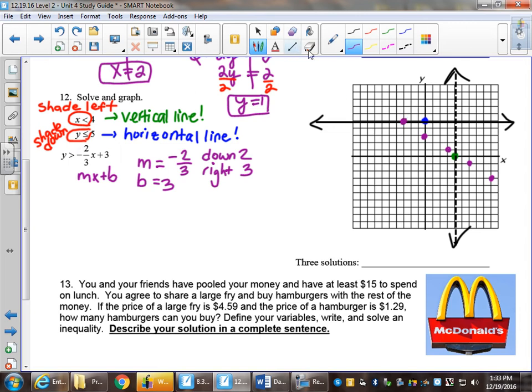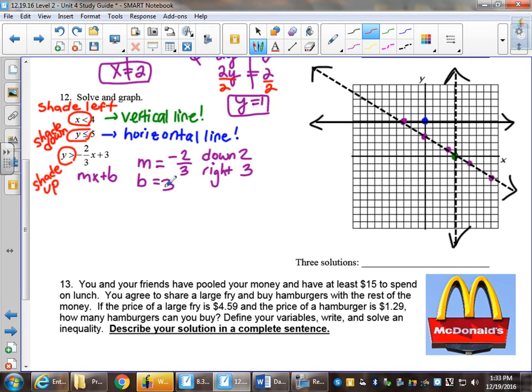From the inequality sign, I know that this will be a dashed line. Make sure it's nice and straight. Use your straight edge. What's nice is that a third time in a row, this is already solved. This says y is greater than. Greater than means shade up.